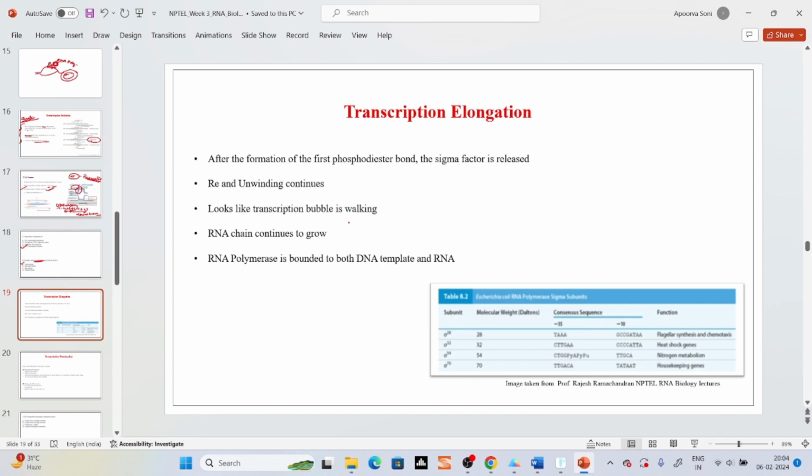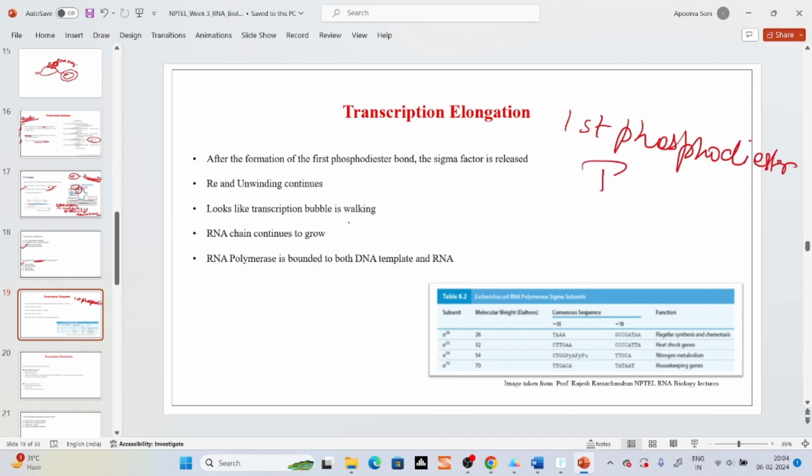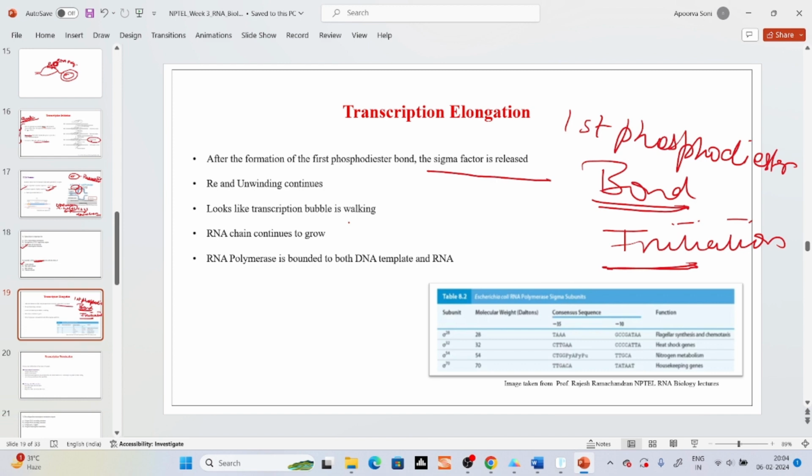So now we have studied that up till the formation of the first phosphodiester bond, it is your initiation. After the formation of the first phosphodiester bond, the sigma factor is released and the transcription bubble keeps on walking.